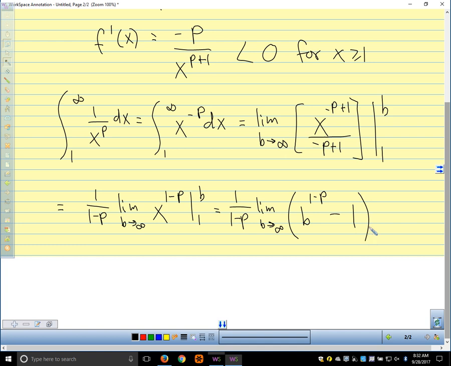All right. If p is greater than 1, is 1 minus p positive or negative? Negative. 1 minus p is less than 0. And so this limit, as b approaches infinity of b to some negative exponent, is 0.